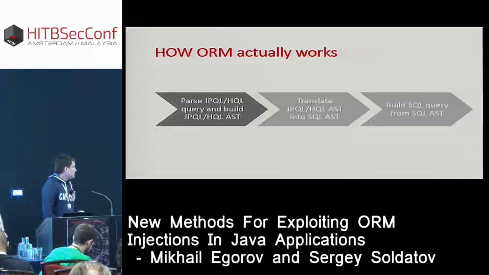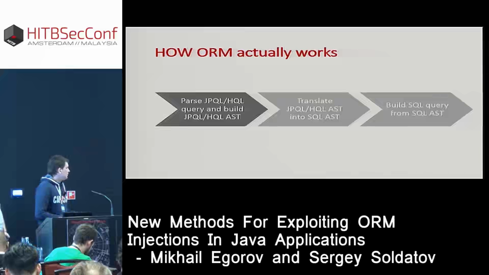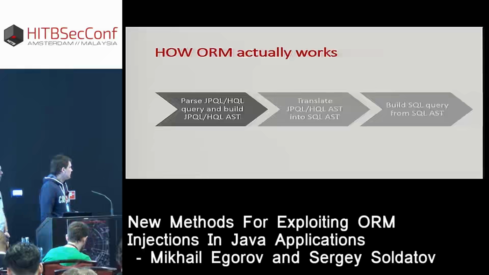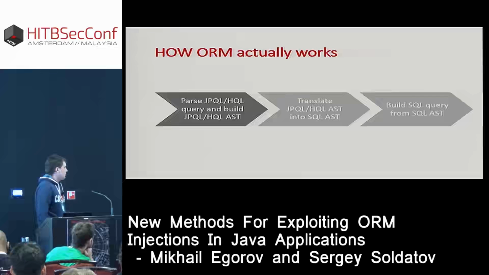Before discussing exploitation techniques, I want to show how an ORM library works in general. There are three main phases. On the first step, the ORM library parses the JPQL or HQL query and builds a JPQL or HQL abstract syntax tree.